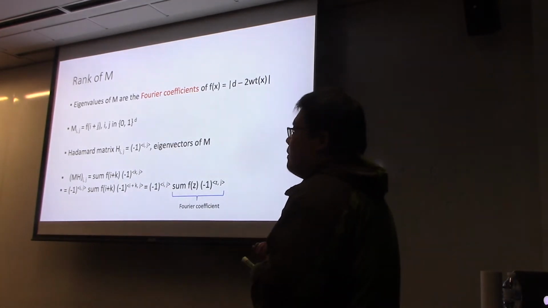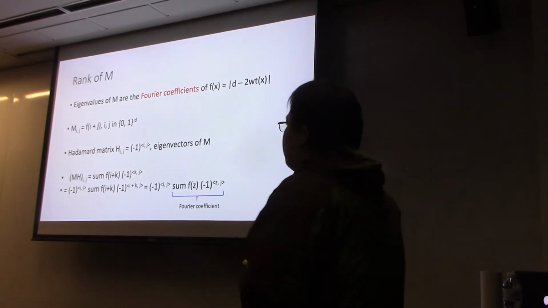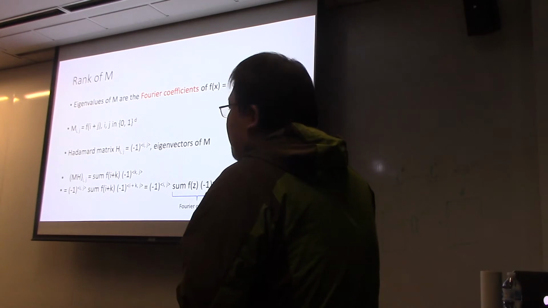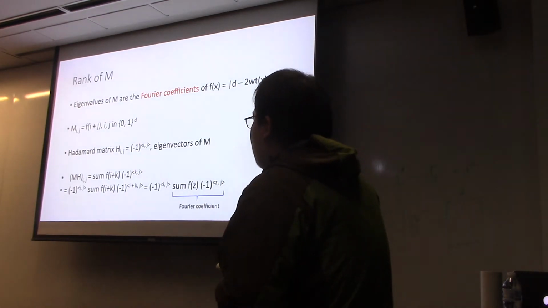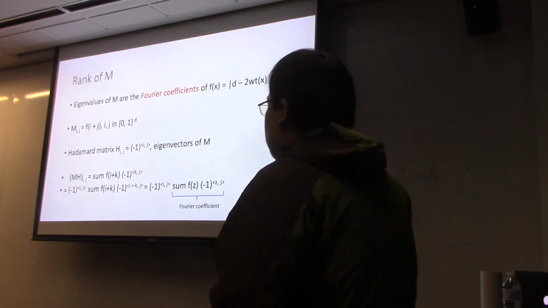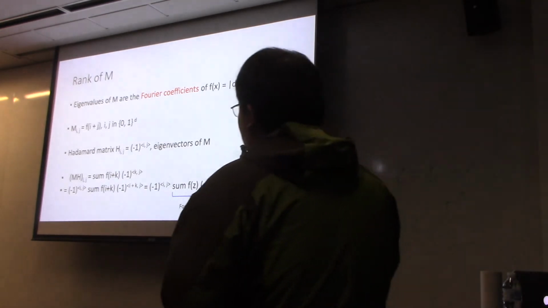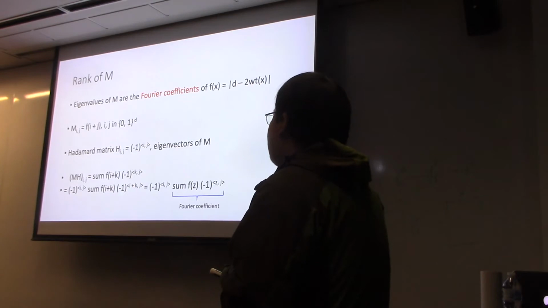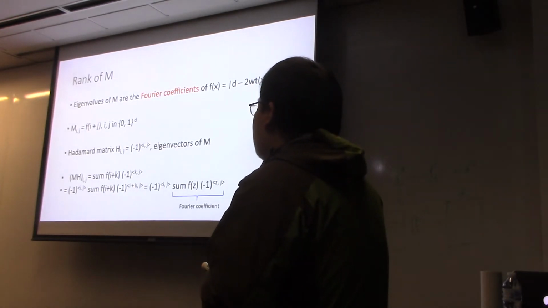Well, this is actually a simple calculation. If you realize that the eigenvectors of this M matrix are just all the columns in the Hadamard matrix. This is actually just a calculation. You can show that these are actually the eigenvectors.